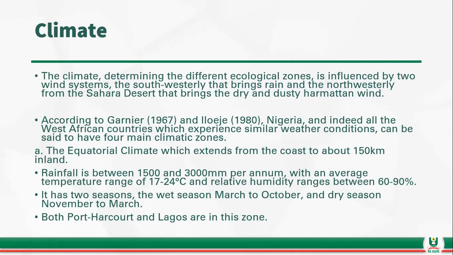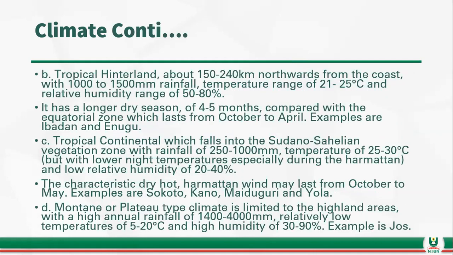About 3,000 millimeters rainfall is relatively high, although we have regions that are also higher than this. Now, the B part, number 2, after this equatorial climate, the tropical hinterland, which stretches about 150 to 240 kilometers northwards from the coast.